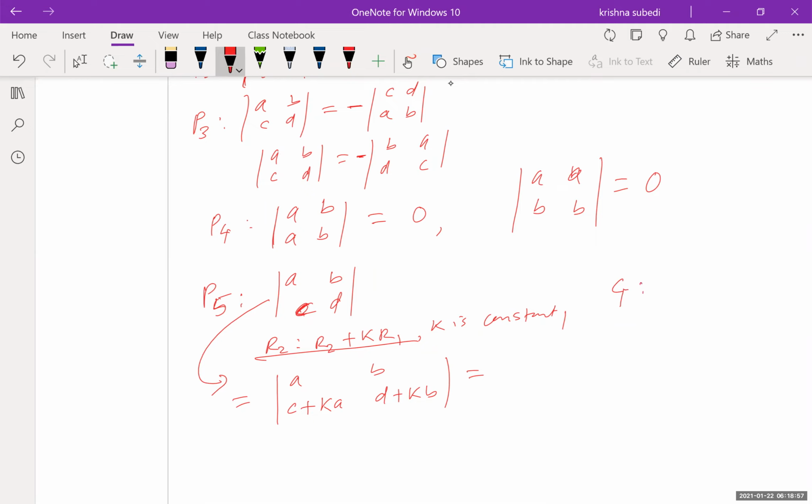Let's say you want to do C1 plus K C2, for example. Then what do you get? In C1, you did C1 plus KC2. So that means A plus KB, C plus KD.